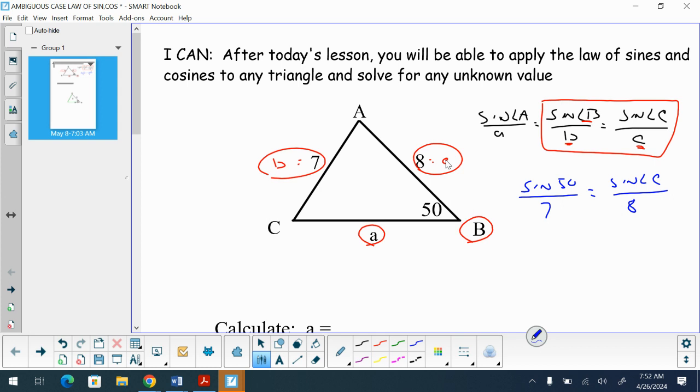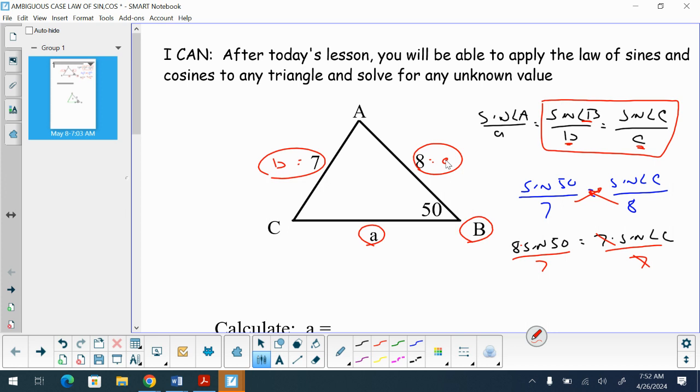If we diagonally multiply, we have 8 sine of 50 degrees equal to 7 times the sine of angle C. We cross multiply and then we divide by 7. So we have 8 times the sine of 50 degrees divided by 7 that we can put into our calculator.